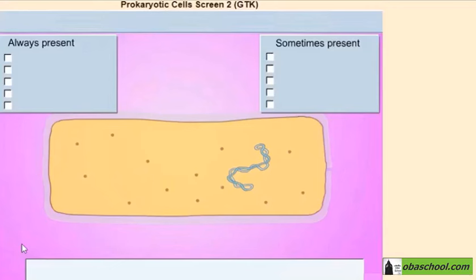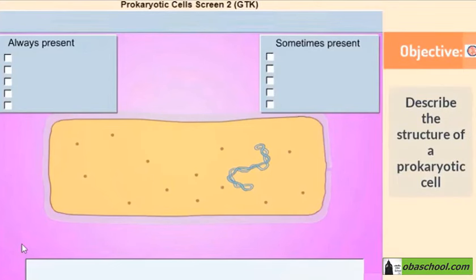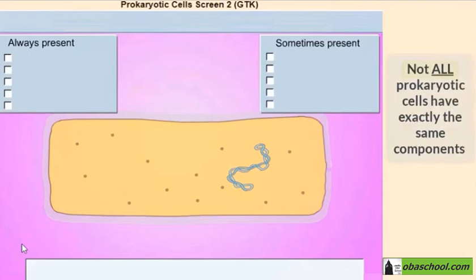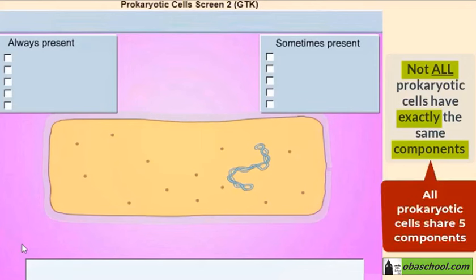Hello everyone. The main objective of this video is to describe the structure of a prokaryotic cell. Actually, not all prokaryotic cells have exactly the same components. However, all prokaryotic cells share at least 5 components.